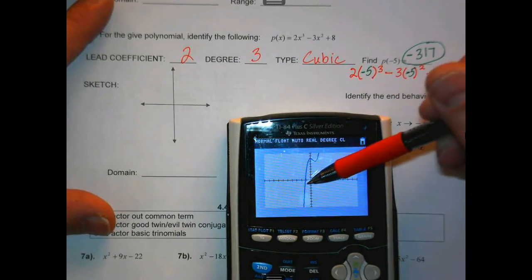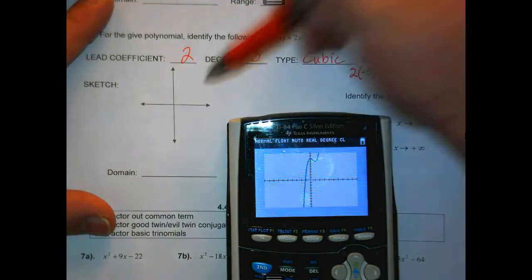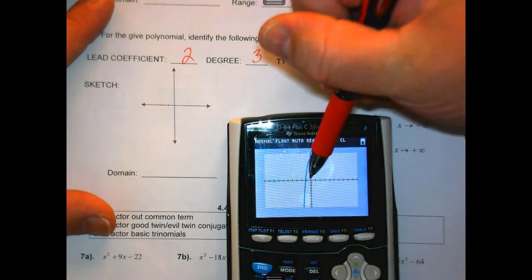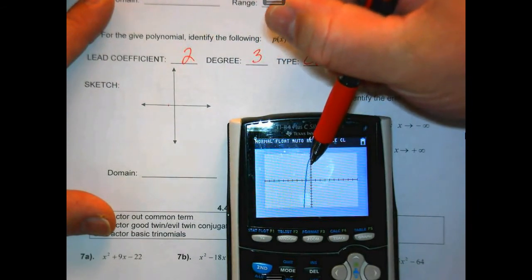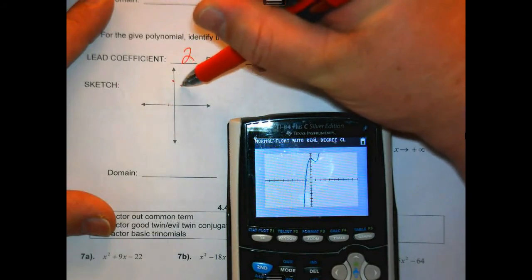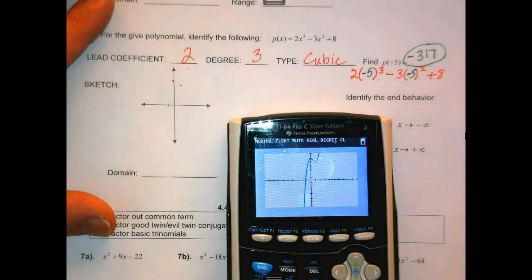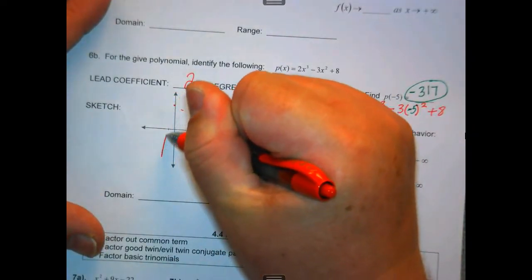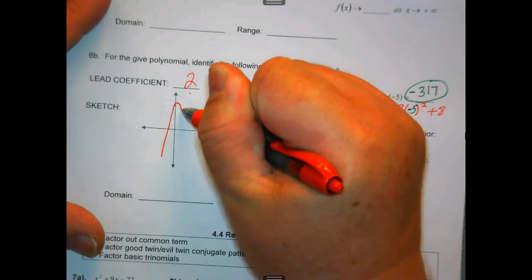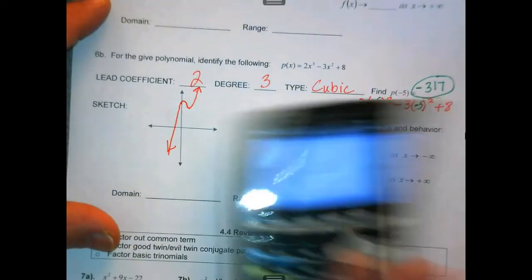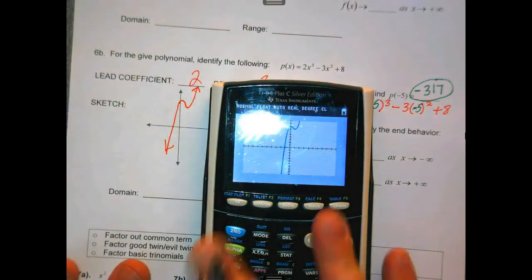So it looks like right about here, negative 1 somehow, and then 1, 2, 3, 4, 5, 6, 7, 8, somewhere around 8. So here it dips and goes up. Okay, so here's my attempt at this. Wow, that's not bad. Huh? Not bad.